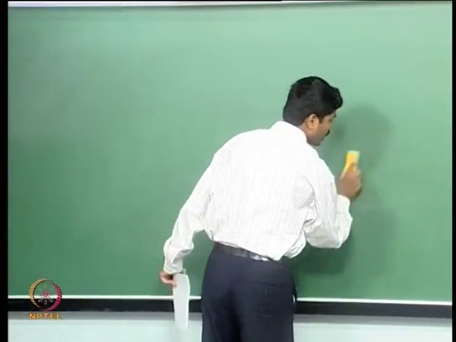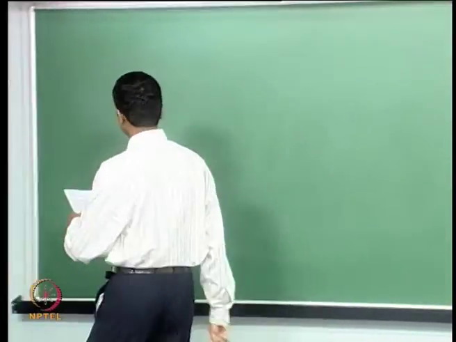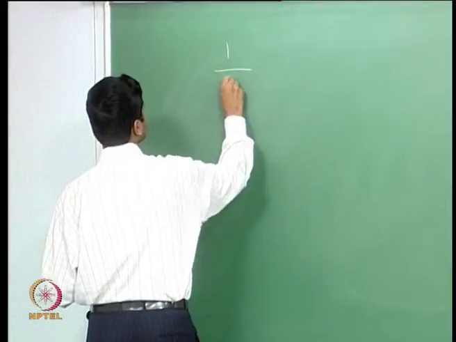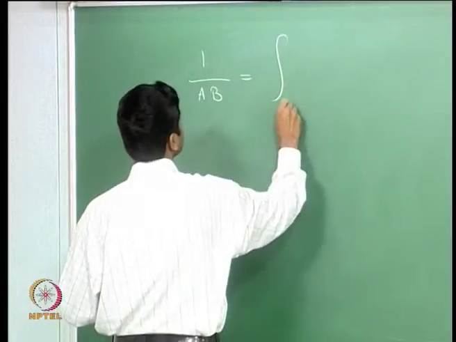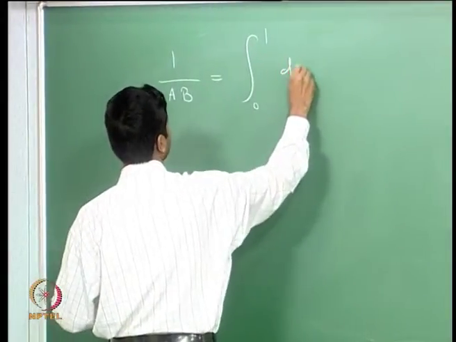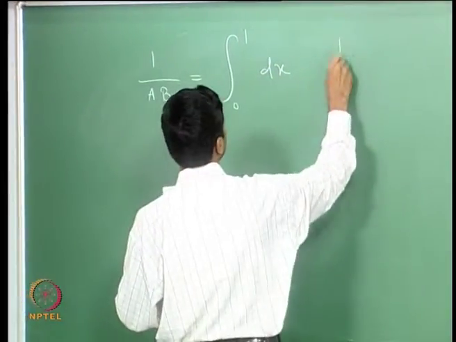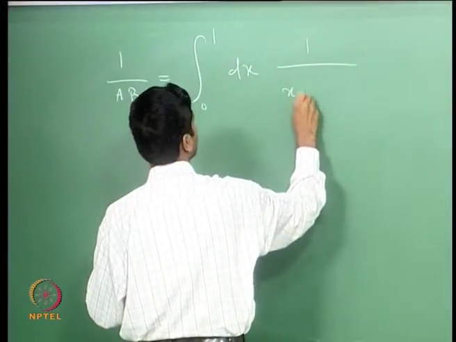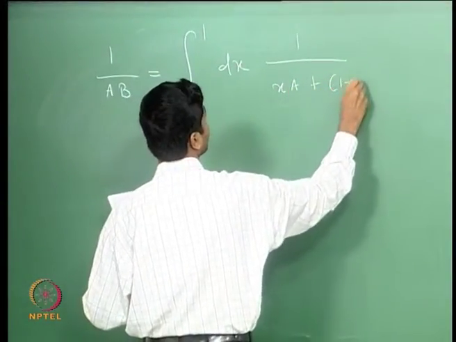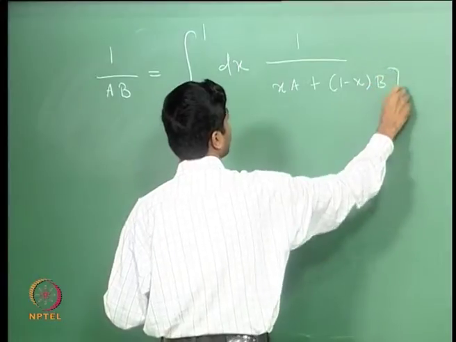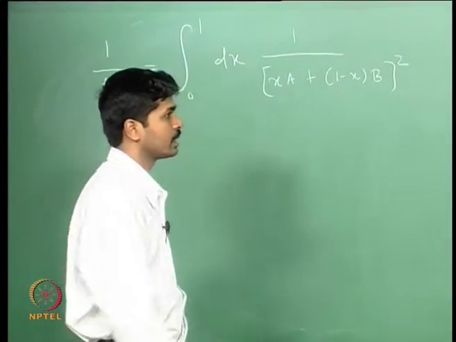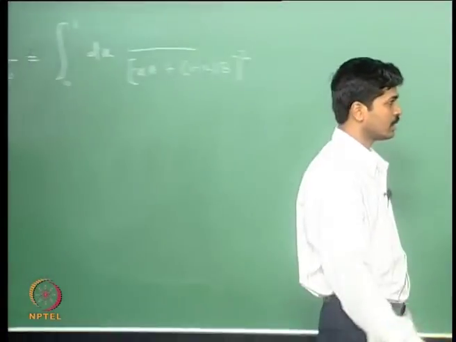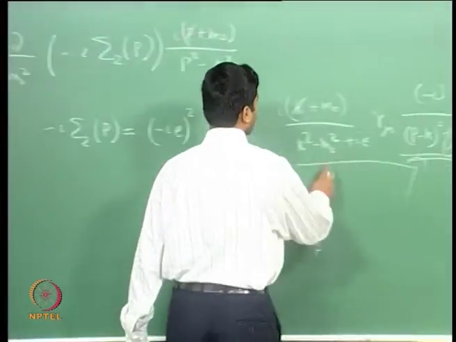You have already seen this formula earlier: 1 over a b can be written as the integration from 0 to 1 dx of 1 divided by (x a plus (1 minus x) b) whole square. Here these two factors are a and b.